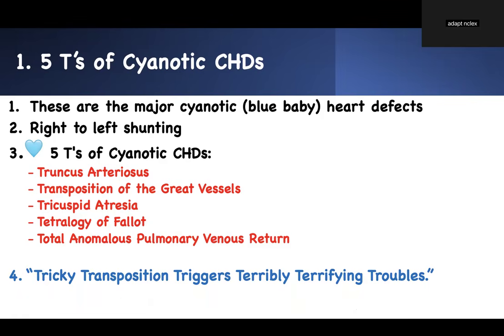So if you don't know them, this is the mnemonic to remember which one. It gives you truncus, tricky, transposition, trigger, tricuspid, and terrible, terrifying troubles. This is the first group of congenital heart defects that you have to know, the 5 T's.